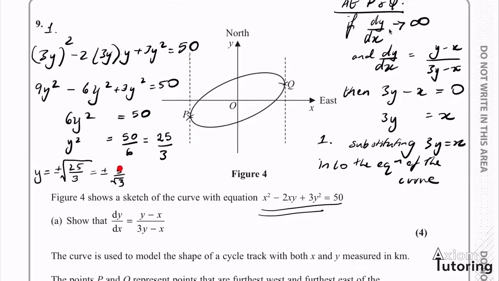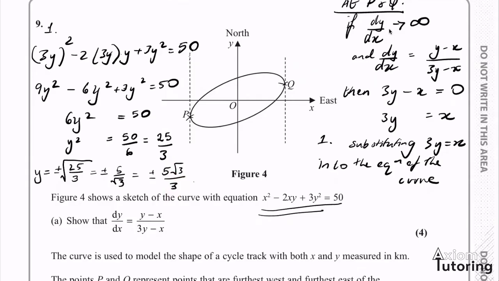We don't like to leave surds in our denominator, so we will have to rewrite that as plus minus 5 root 3 over 3. So all I've done here is rationalize the denominator by multiplying the top and bottom of this fraction by root 3. That way, we get rid of the surd in the denominator, but then remember now we have the surd in the numerator instead. So my two y values are plus 5 root 3 over 3 and minus 5 root 3 over 3.